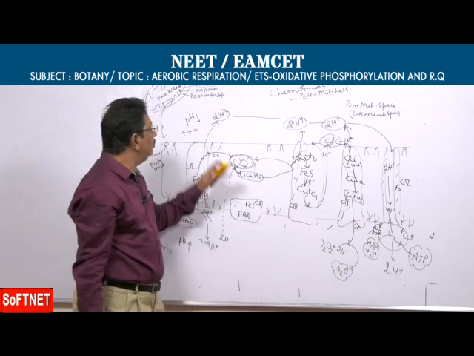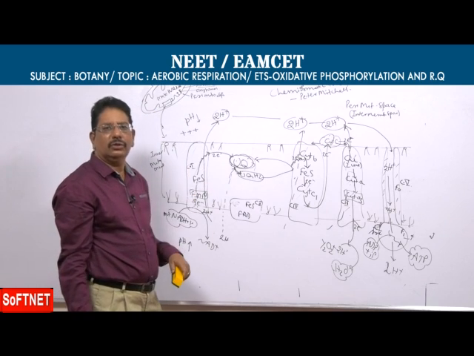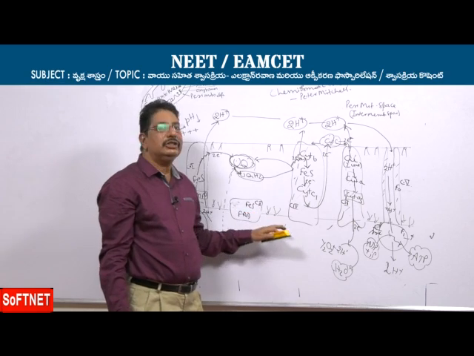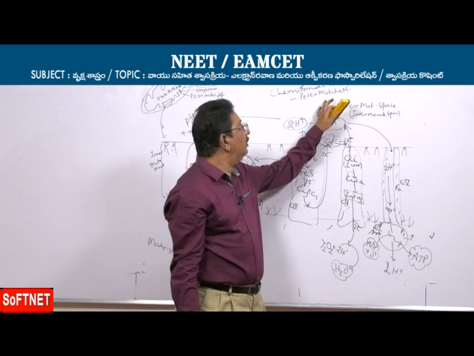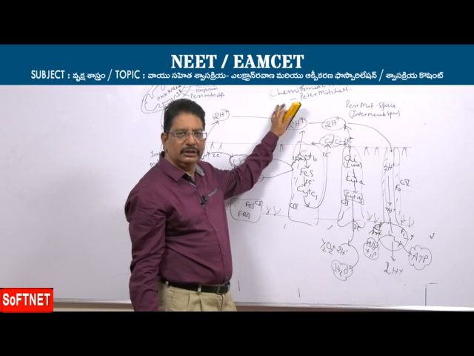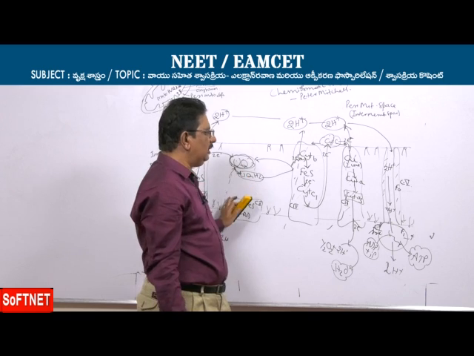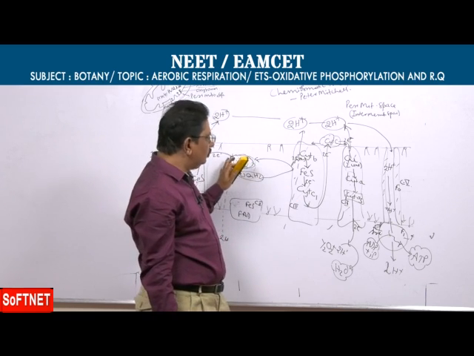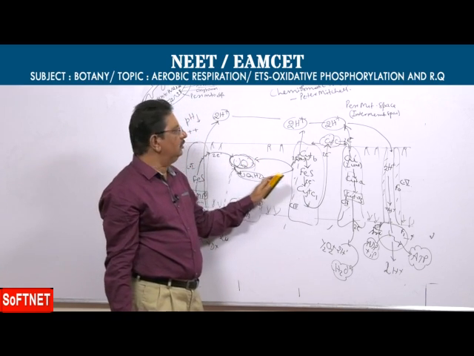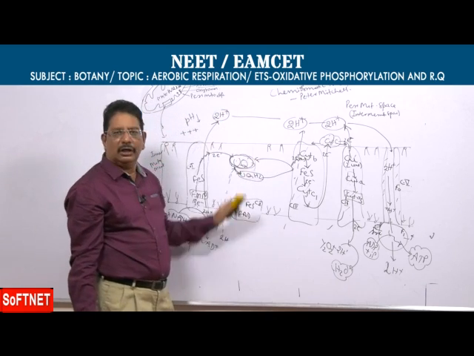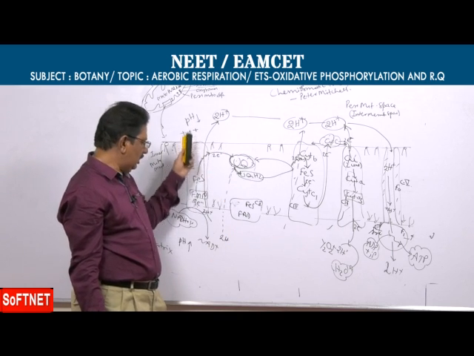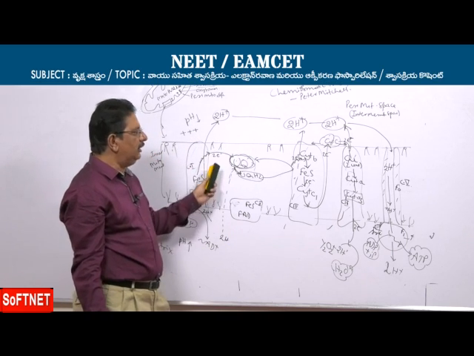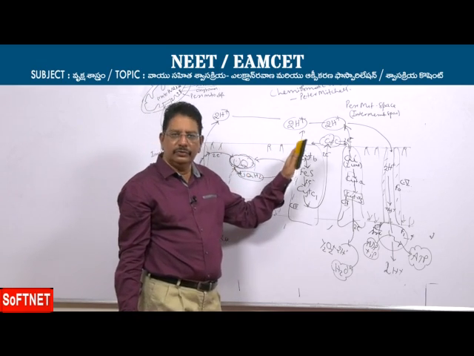So, in mitochondria as well as in chloroplast, ATP synthesis occurs in accordance with Peter Mitchell's chemiosmotic theory, which says the electron transfer through membranes is coupled with proton translocation, which creates a proton gradient that develops a proton motive force.